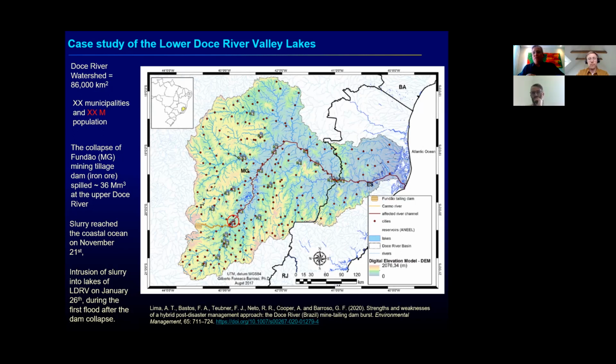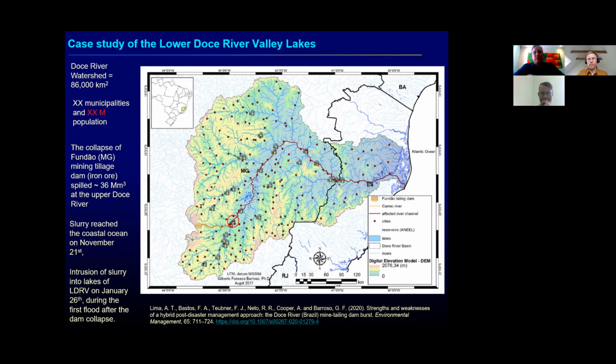And as soon as it got to the coastal ocean, it spread towards the north and a little bit to the south. Well, it was amazing because nobody was expecting this kind of disaster, although there are many tailings dams in the basin of the Doce River, many of them at high risk of collapse.